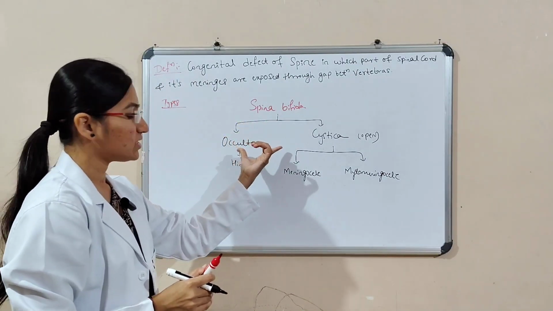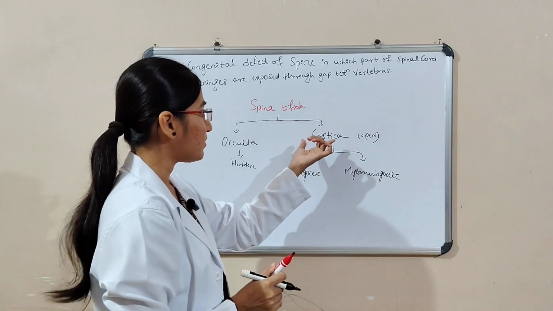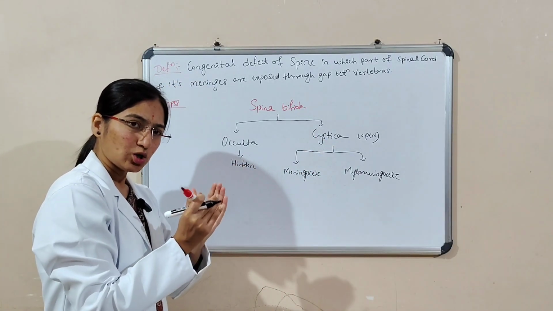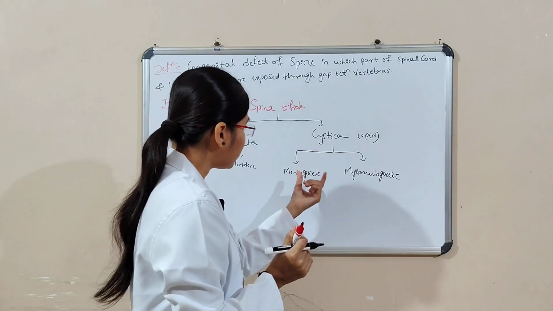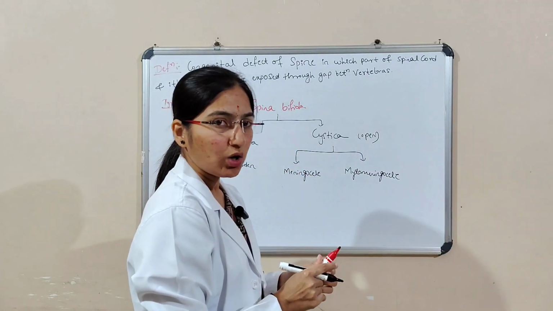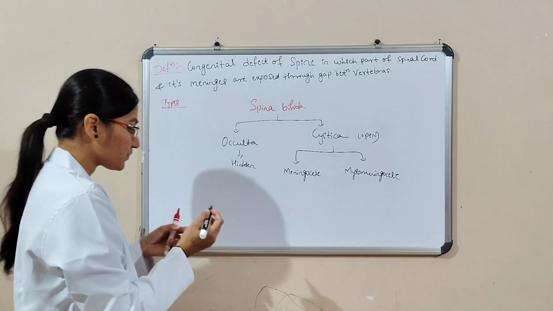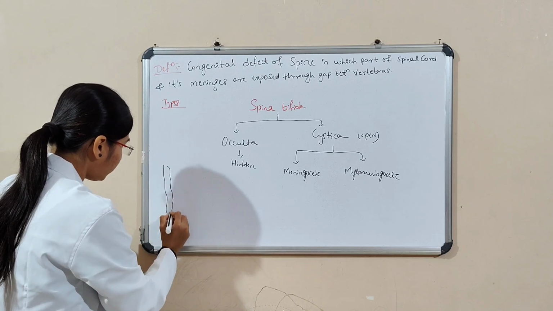Spina bifida is divided into two types. One is Spina bifida occulta, another one is Spina bifida cystica. Occulta is a hidden type, enclosed in a dimple-like gap, and cystica is an open type, that is meningocele and myelomeningocele. Here in occulta, this is the vertebra.